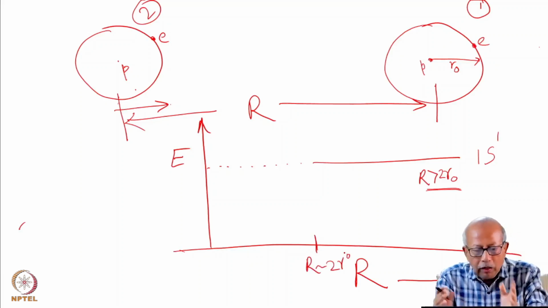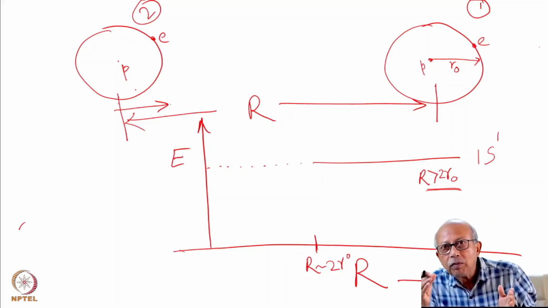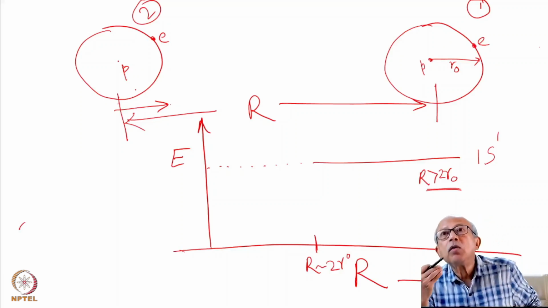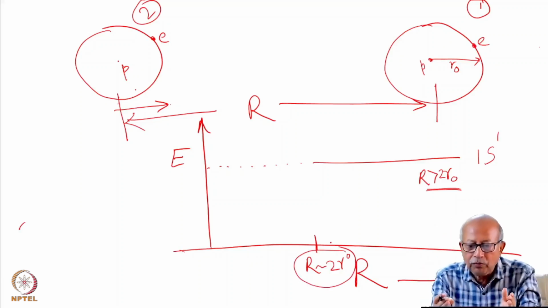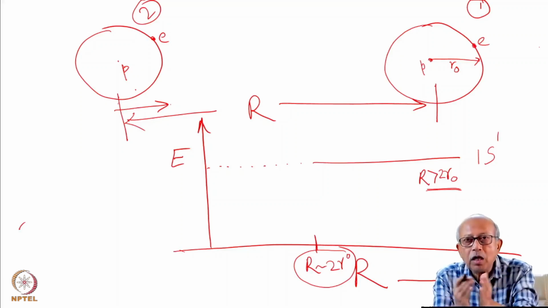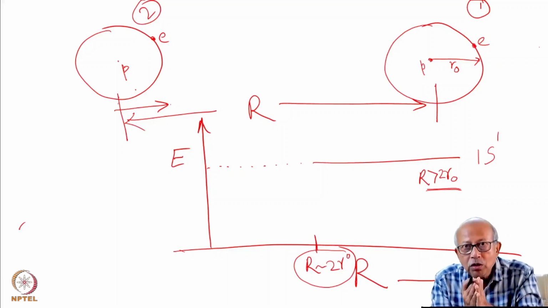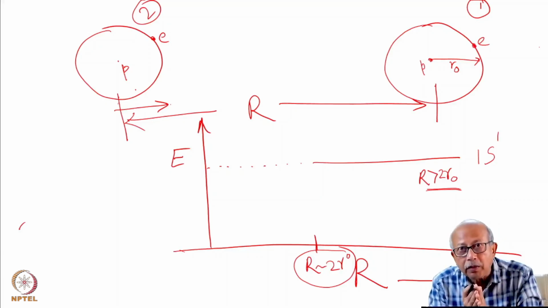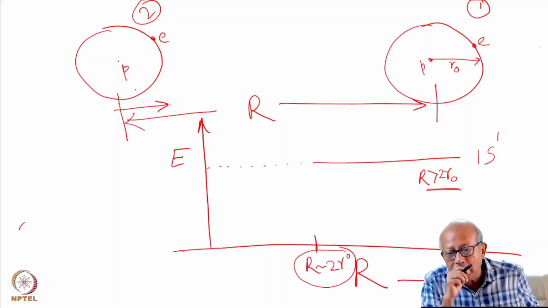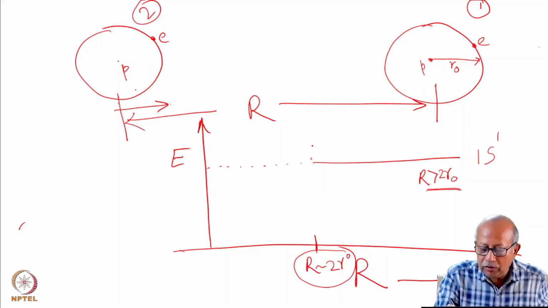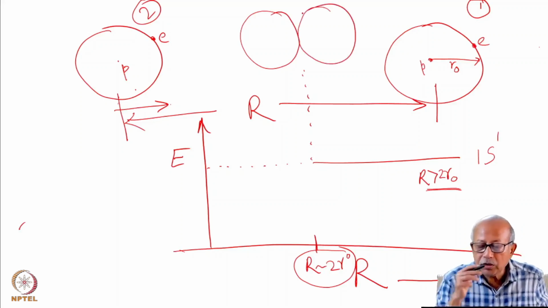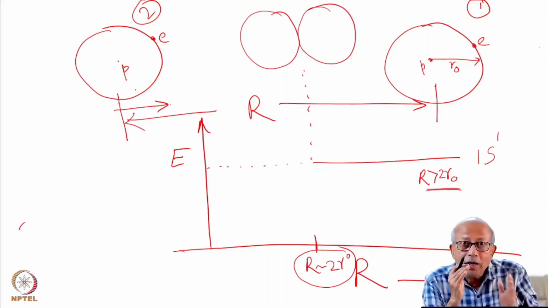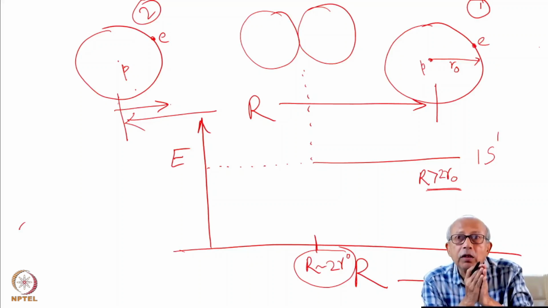You see, the electrons have their own wavelength, and therefore an associated wave function. So when R becomes nearly equal to 2R0, the two atoms are just touching each other. That means the wave functions have started overlapping. So what happens to the energy level then? At this point the two atoms are kind of touching each other, so we might as well say that the wave functions are overlapping.